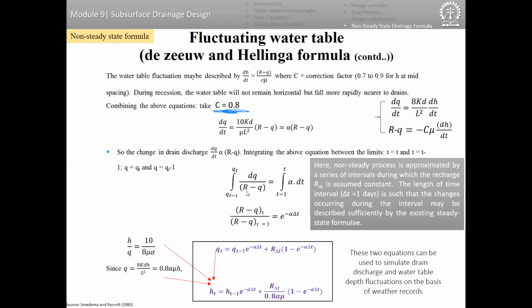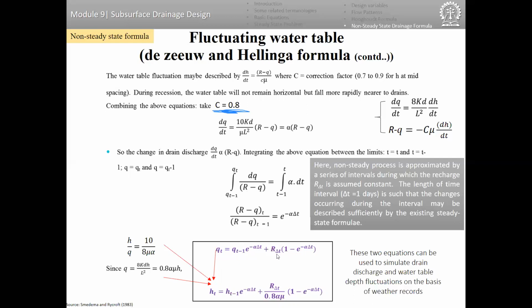If you integrate this, we come up with this expression, which can be simplified as: qt is equal to qt minus 1 into e to the power minus alpha delta t, plus R delta t times 1 minus e to the power minus alpha delta t.